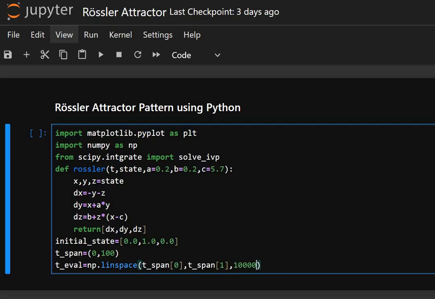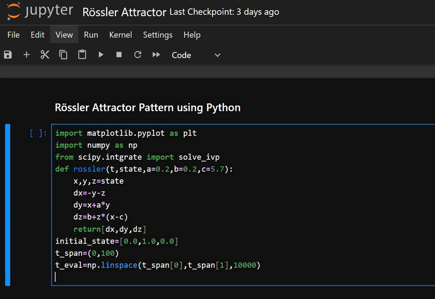This defines 10,000 evenly spaced points where the solution is calculated. Now we'll numerically solve the ODE system.